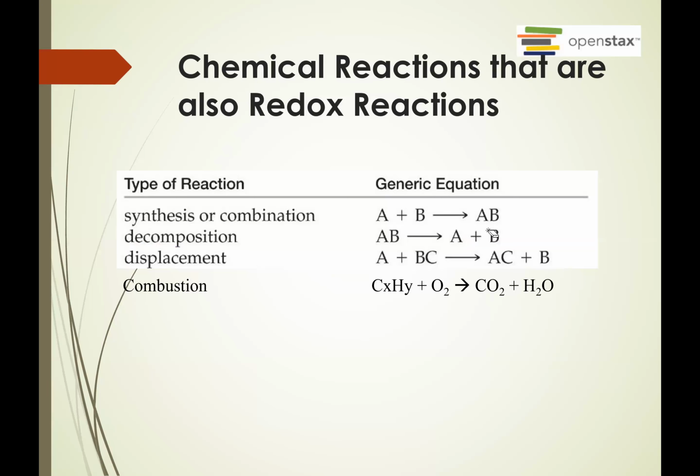Single displacement is when one element is displaced. Do you see how A is all by itself here, but now it's with C? That is a single displacement. B was with C, now it's all by itself, that's single displacement. And combustion is when anything combines with oxygen and heat, that's combustion.